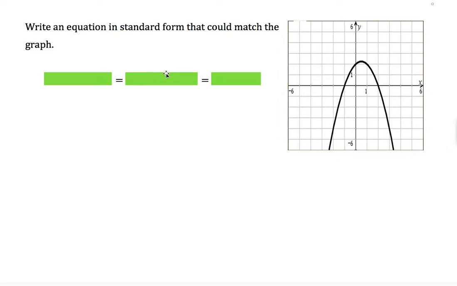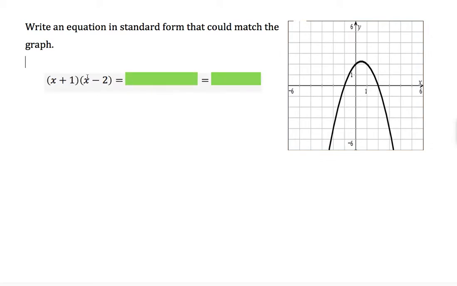But when I plug that in as factors, I'm going to change. I said x was equal to -1 and +2. Notice that I've changed this to x plus 1 from -1 and x minus 2 from +2. So if you have solutions that are negative, the factors would be positive.